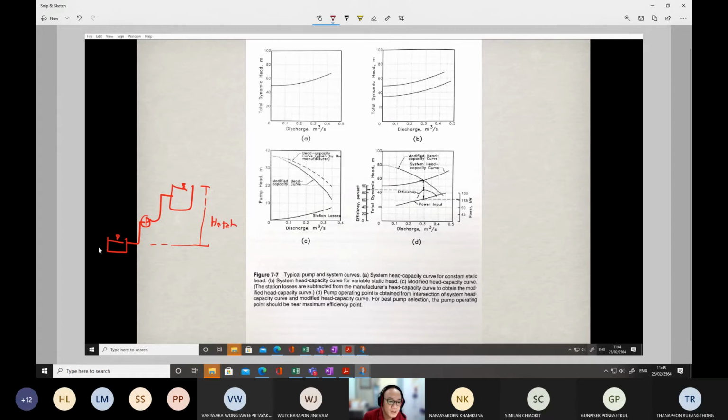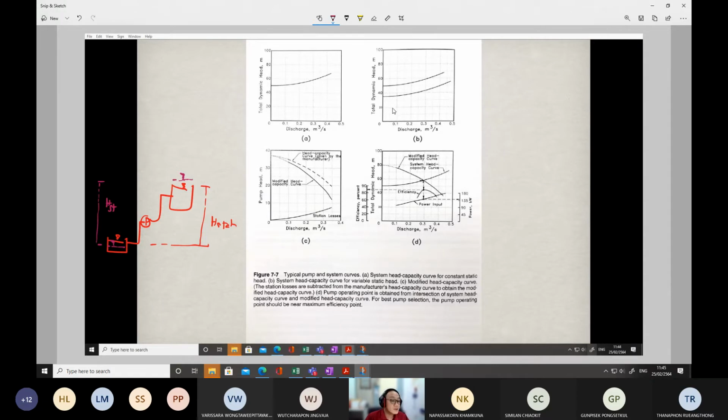Water level in the suction reservoir may decrease, while the water level in the discharge reservoir might increase. So if you measure the difference between the suction reservoir and the discharge reservoir, you will see a greater static head at the end.